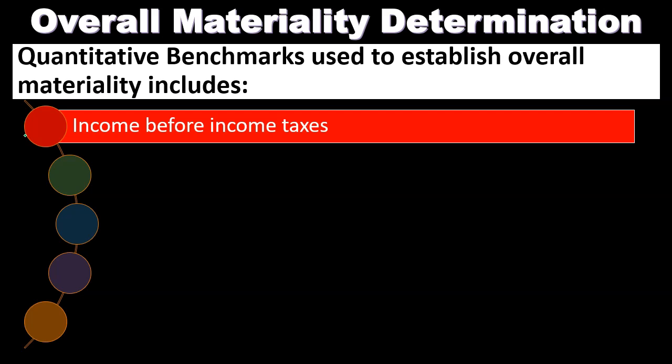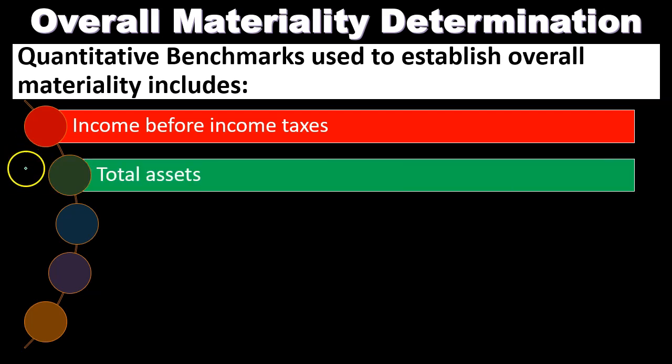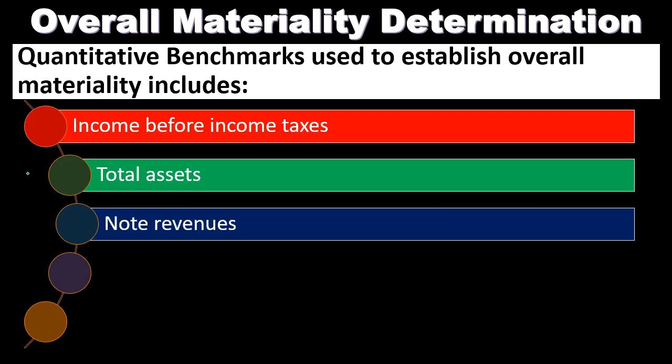Well, the big numbers you'd be considering then is income before taxes. So we might think about income before taxes or net income before taxes. We might think about the total assets. So when we're talking about tolerable misstatement, or types of misstatement, we're thinking about misstatements that might be material on the entire financial statement. We might be using total assets then as some type of format to calculate what might be material and what might be not material.